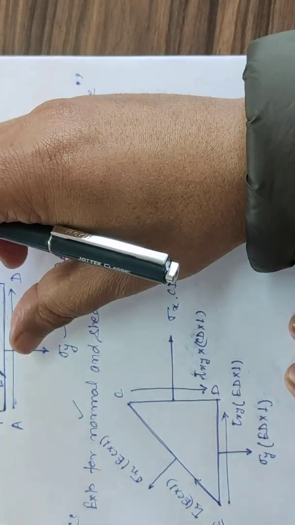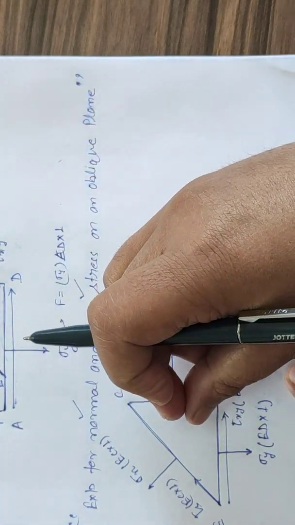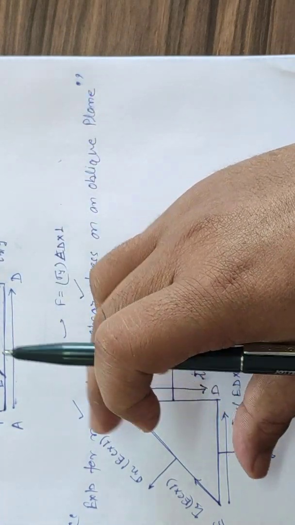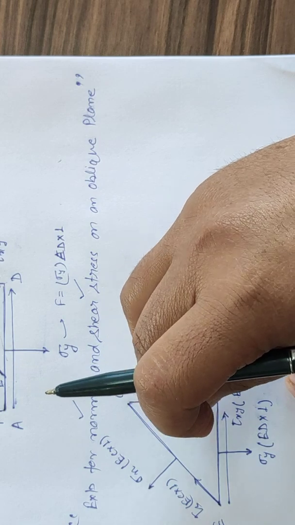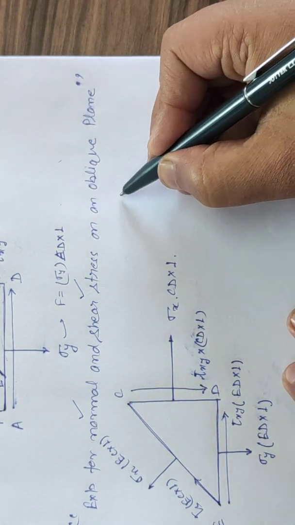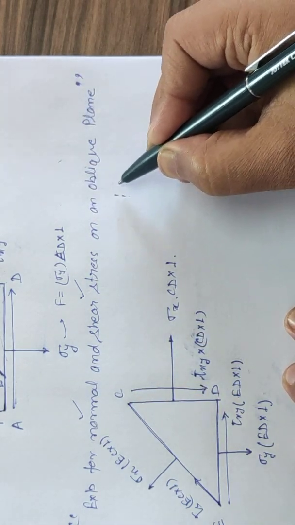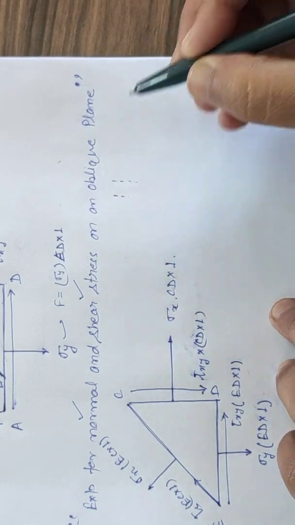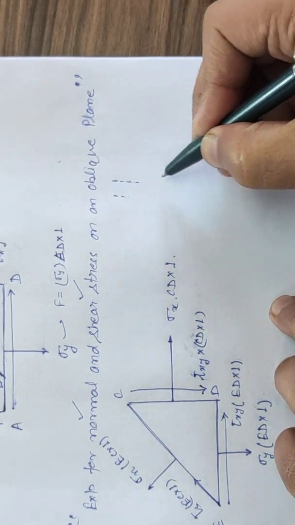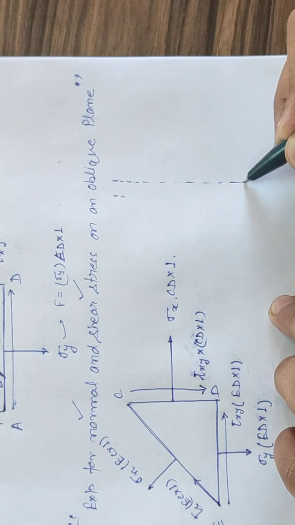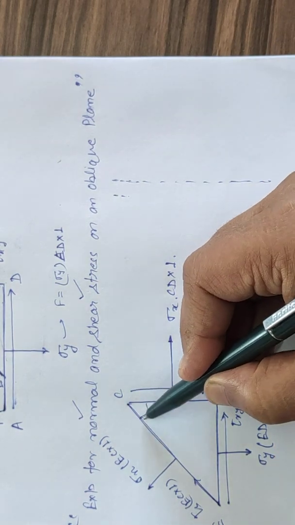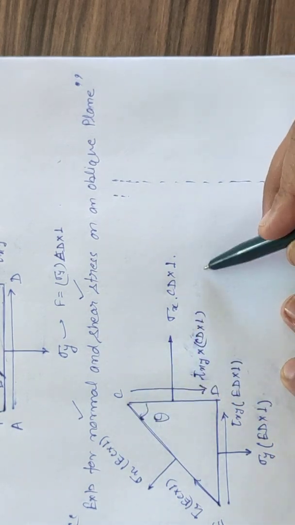We can consider this element as a very small element, so all the forces are acting at a point. So now we are drawing all the forces at a point. Be careful that we have to draw all the forces, and this angle was theta.